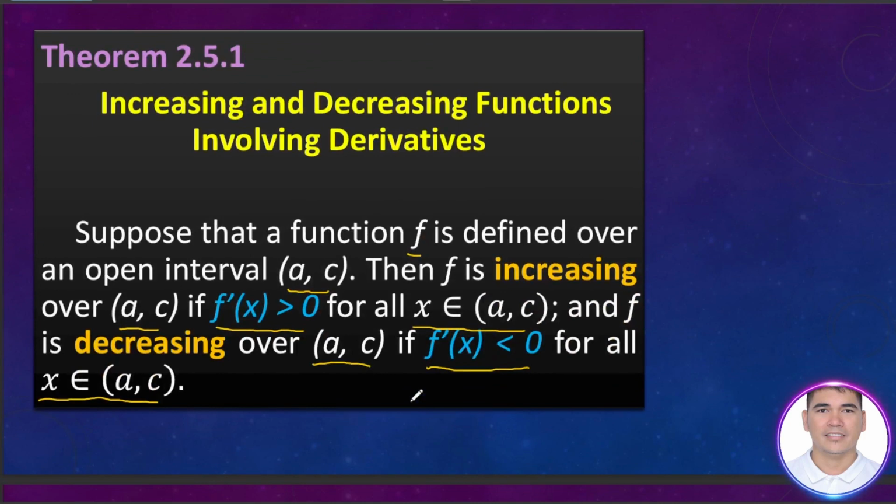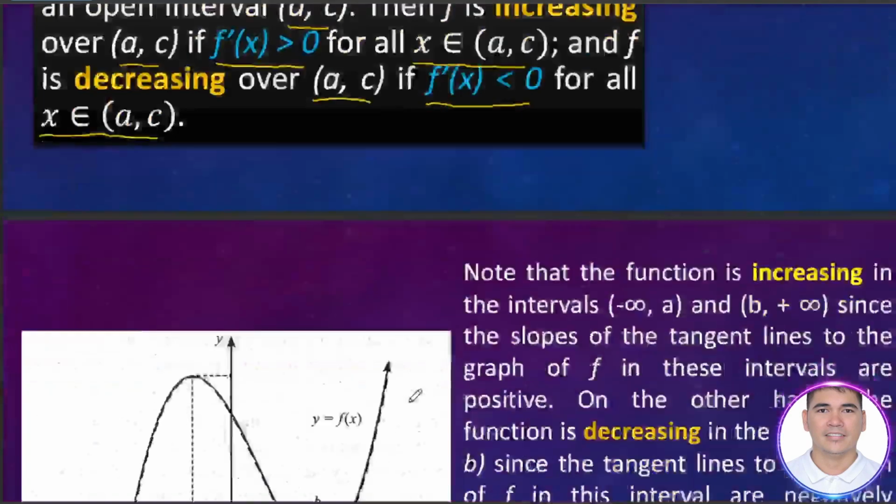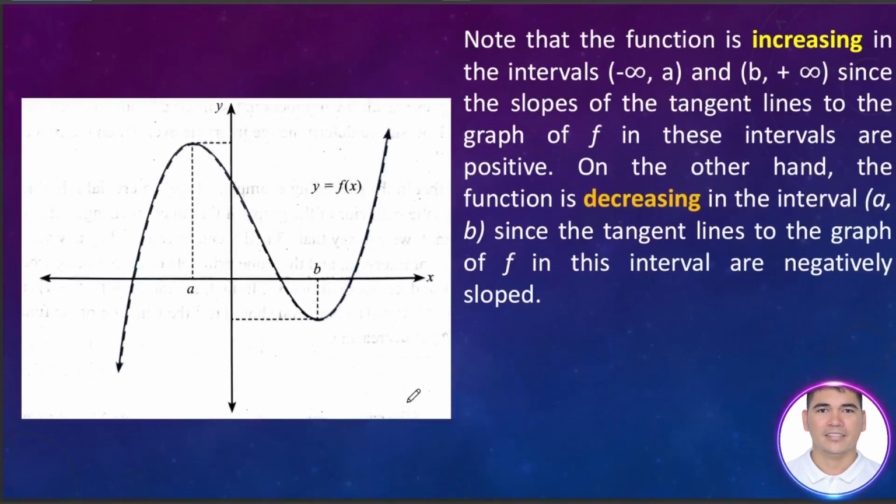So this is not taxing because we need only one value of x. Here, note that the function is increasing in the open interval negative infinity to a. This is our a. Where is negative infinity? Take note, on the x-axis, in this direction is negative infinity, and on the other side is positive infinity, indicated using the arrows.